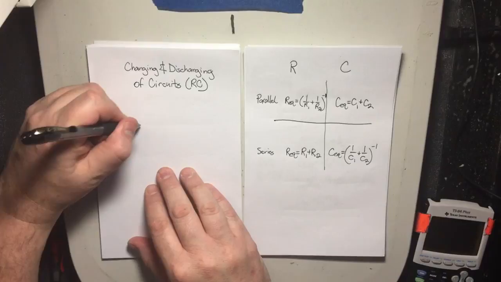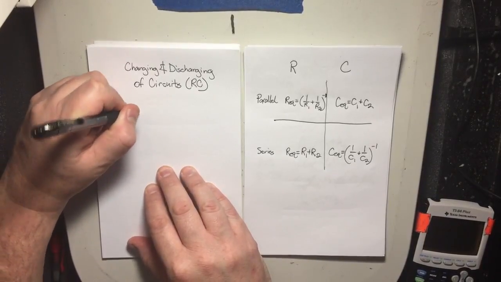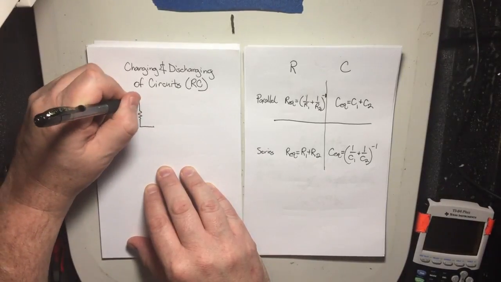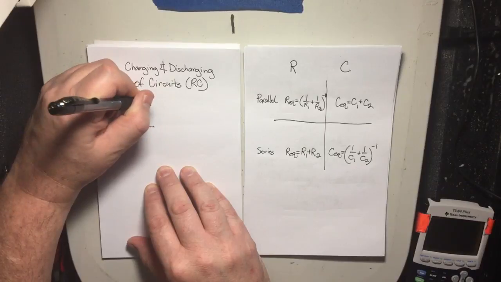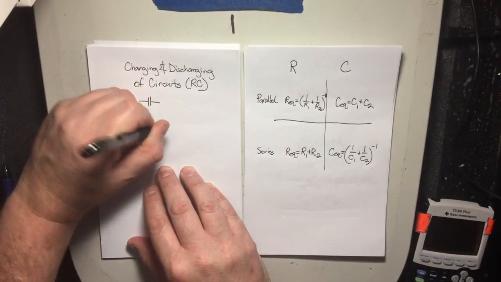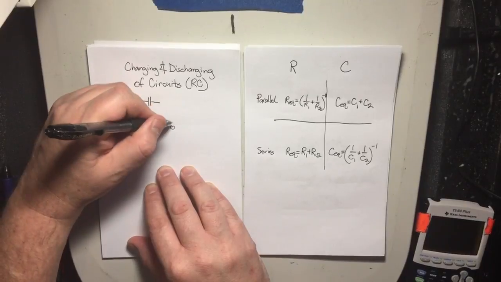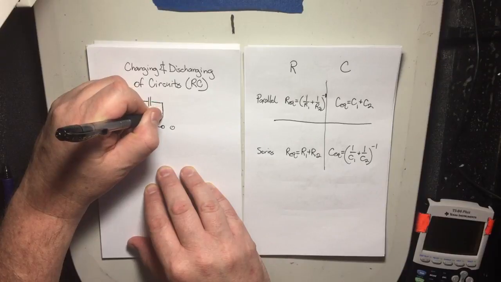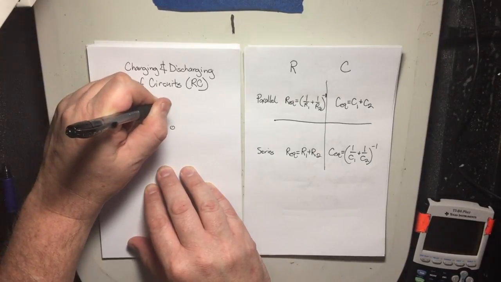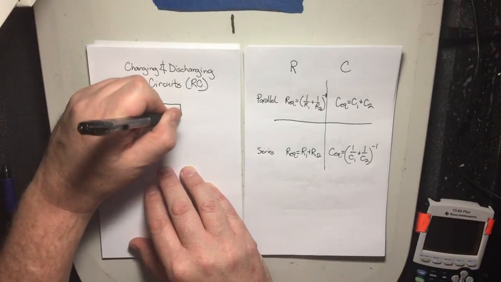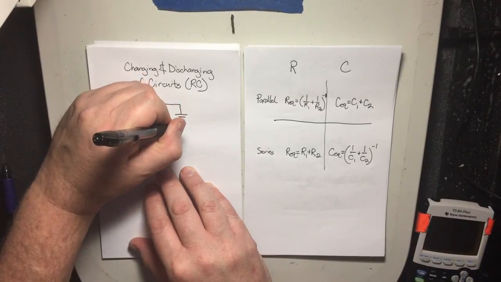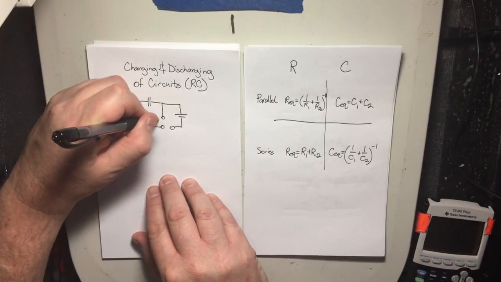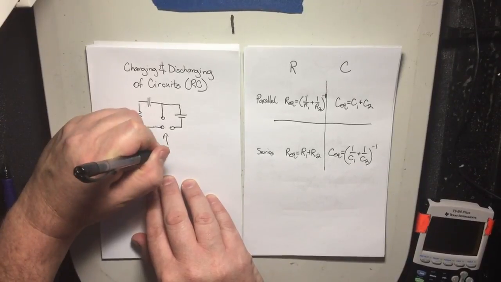Now, the way our little RC circuit looks is, so this right here is a switch.